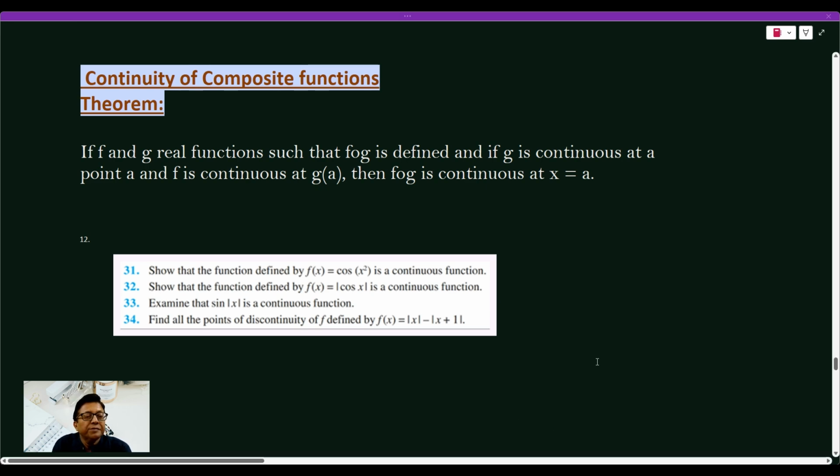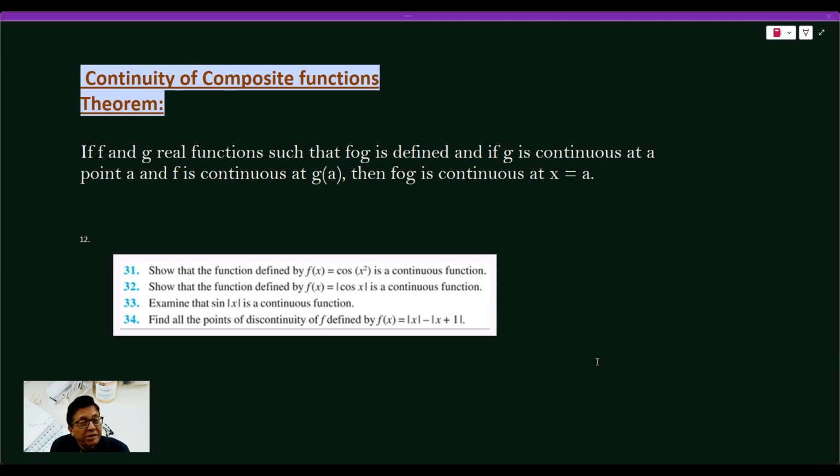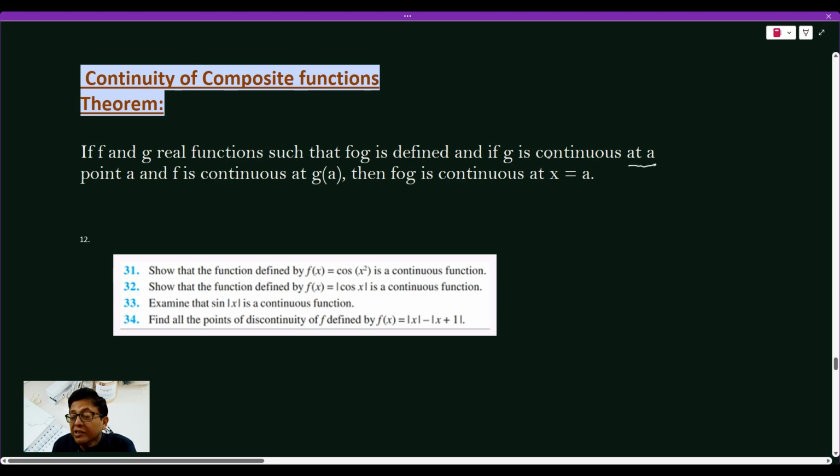Composite function. The idea you have done in the function chapter. f and g are real functions such that f compose g is defined, and the function g is continuous at x equal to a, meaning within its domain of definition.